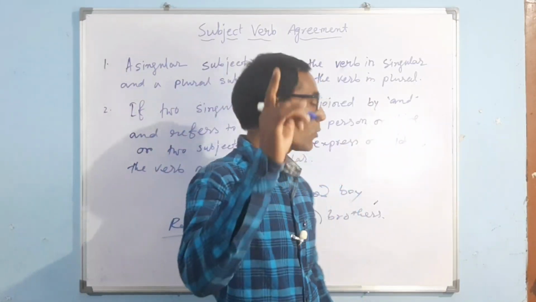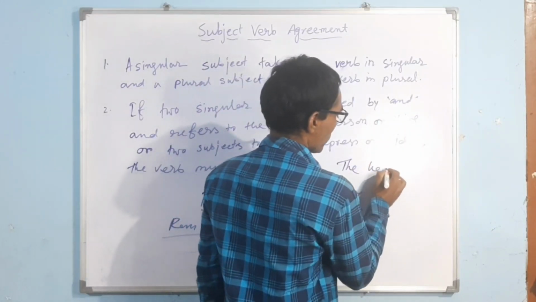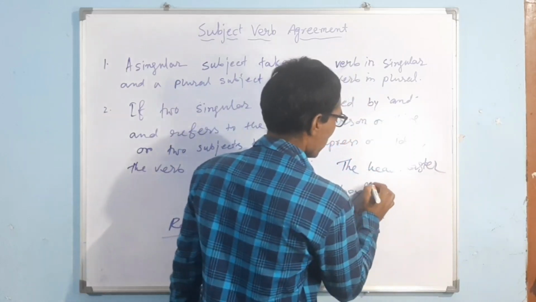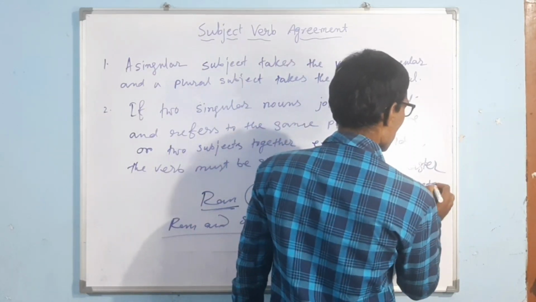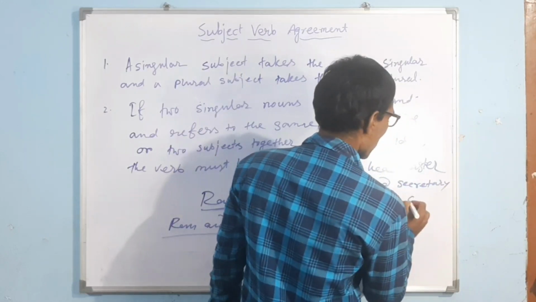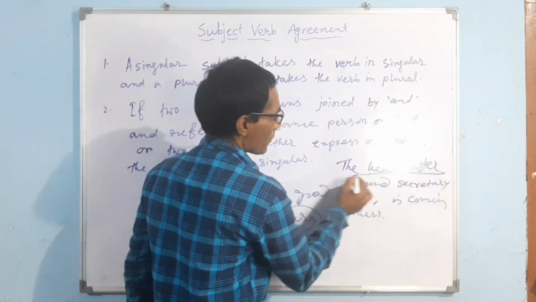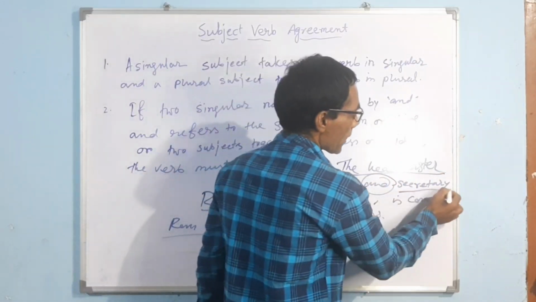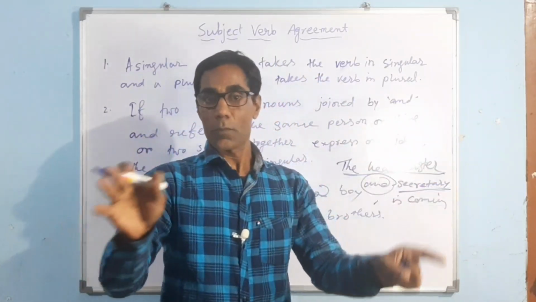The headmaster and secretary. Look here, I have used only one article, the headmaster and secretary is coming. The headmaster, and, a conjunction, secretary. You may think two separate or different persons, but actually not.